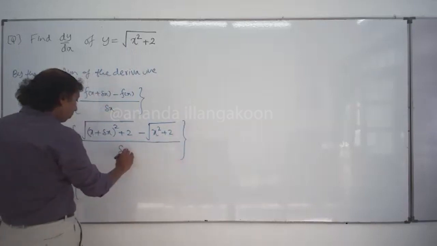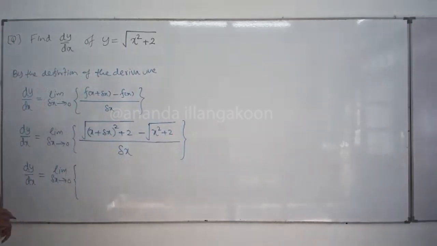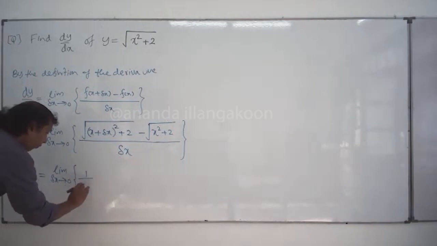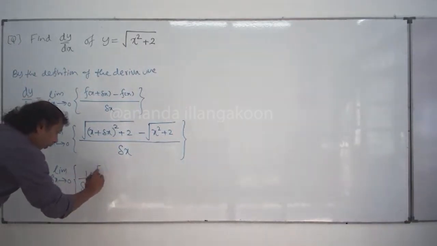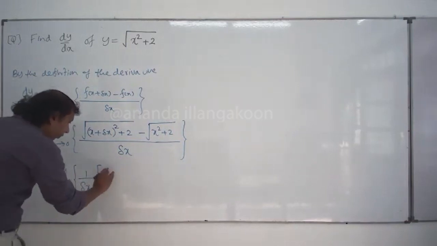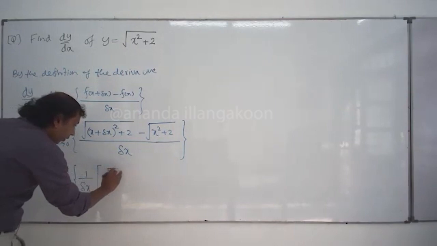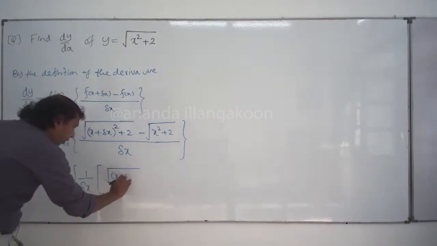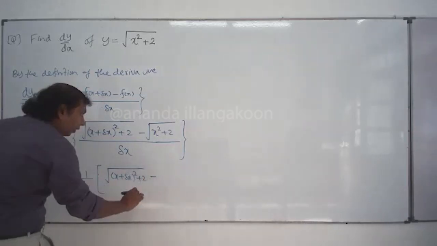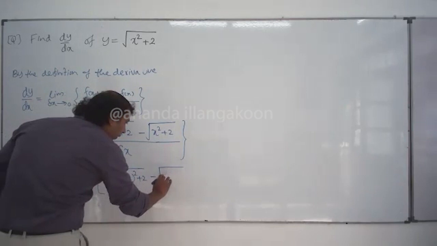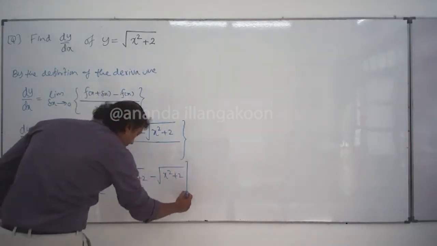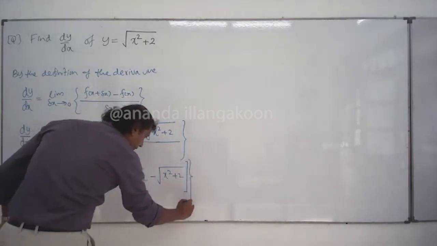And this is delta x. Right. Now this delta x we write as before, 1 upon delta x. I open another bracket. It is the square root of x plus delta x perfect squared plus 2, minus root x squared plus 2. This way.